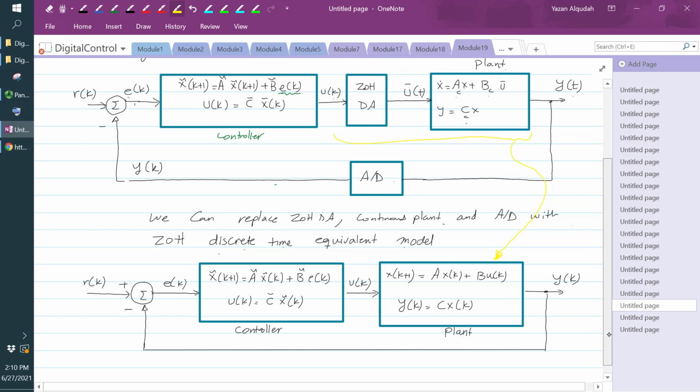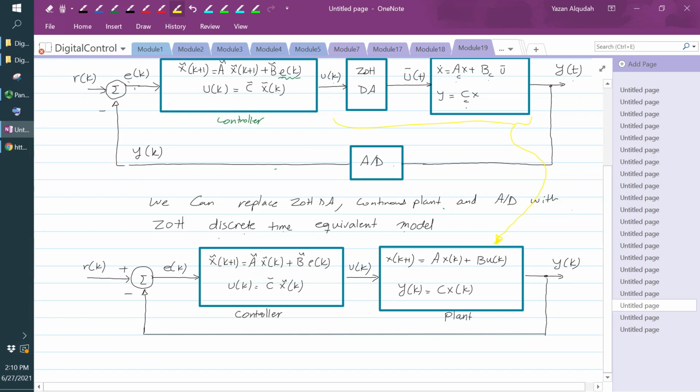And therefore what I'm going to have here is the states that are coming from the controller and the states that are coming from the plant. These states I'm going to call x tilde, these states I'm going to call x, and therefore I'm going to have these two state space representations, one for the controller and one for the plant.